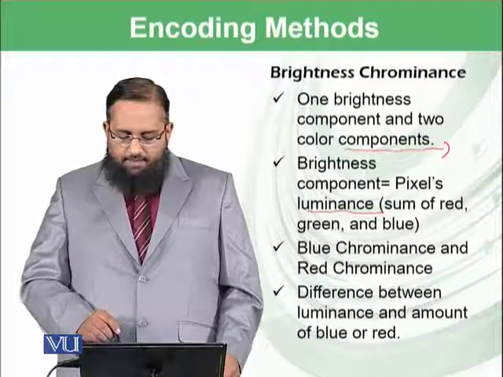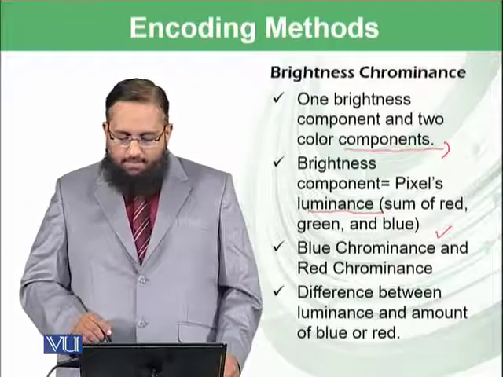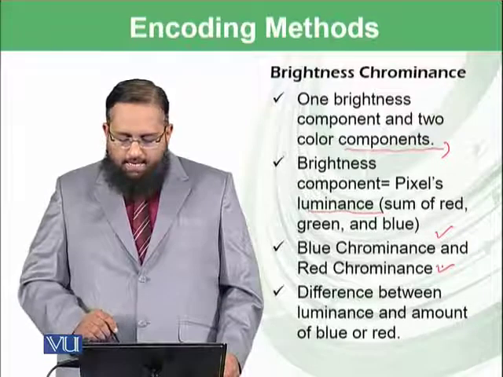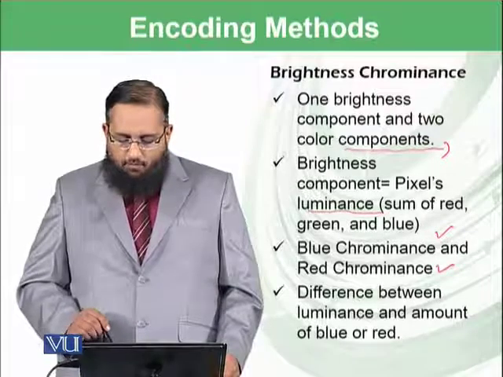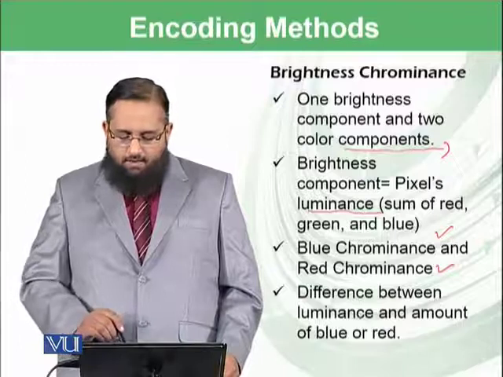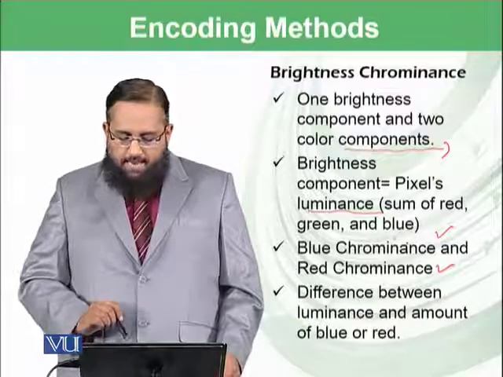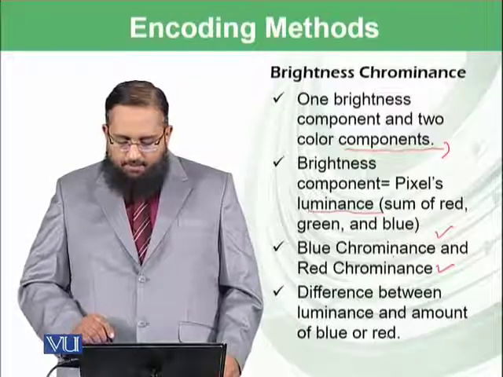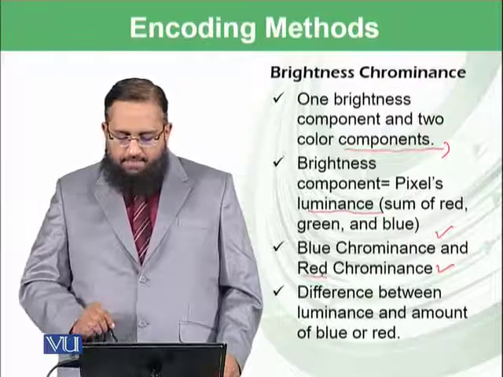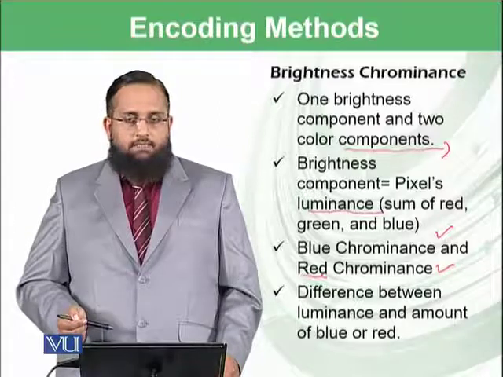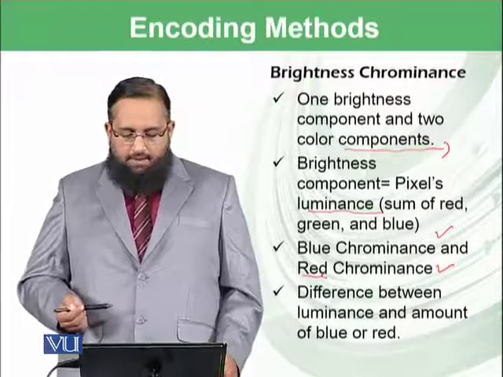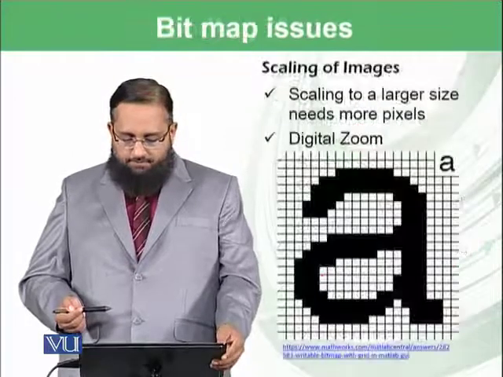Then there are blue chrominance and red chrominance. These are two color chrominances: the difference between luminance and the amount of blue is called blue chrominance, and the difference between luminance and the red color is known as red chrominance. These three components are used in the brightness chrominance method.